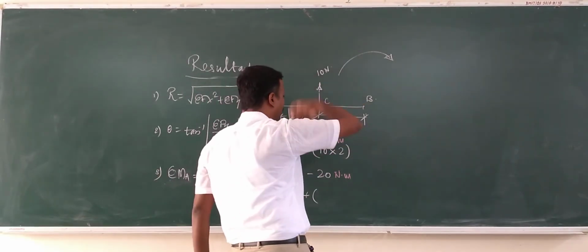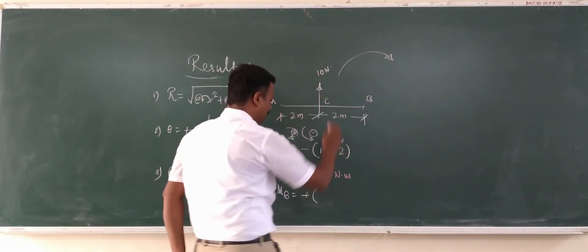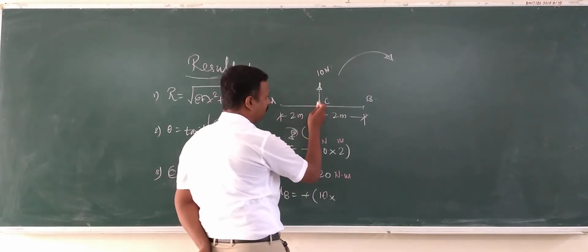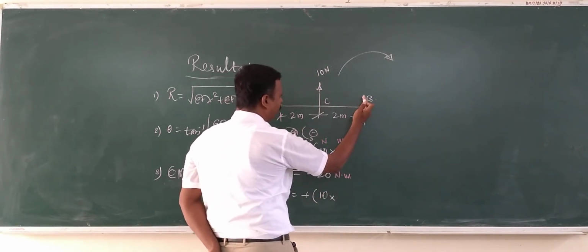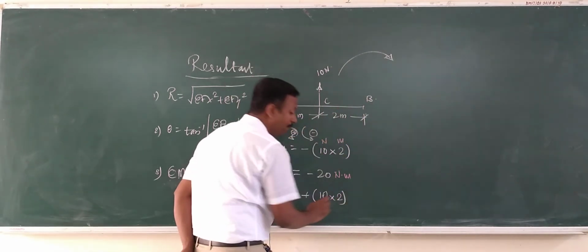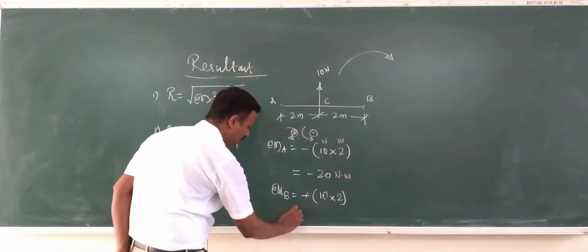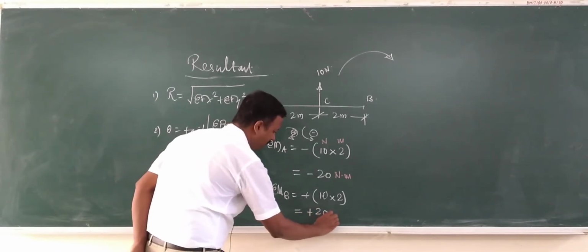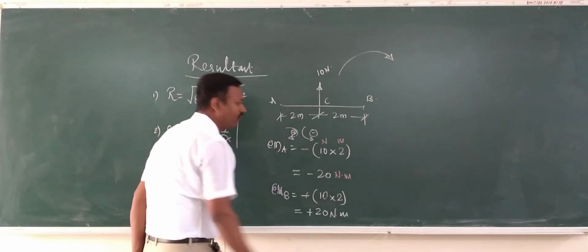So 10 is the intensity of that force multiplied by distance between force and B point where we are taking the moment, which is 2 meter. That should be a perpendicular distance. So it comes to plus 20.